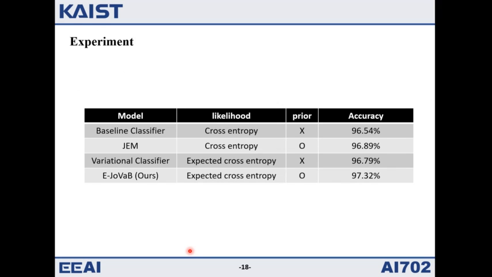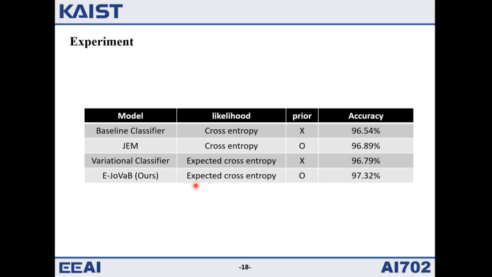The baseline classifier uses just cross entropy without p(x), and the joint energy-based model uses cross entropy and p(x). The variational classifier is the conventional variational inference published by Kingma et al., which uses expected cross entropy without p(x).